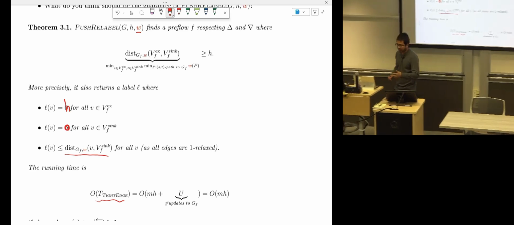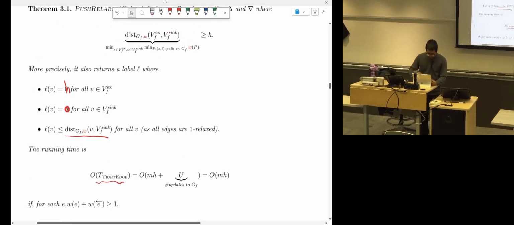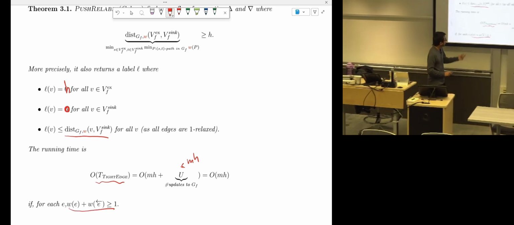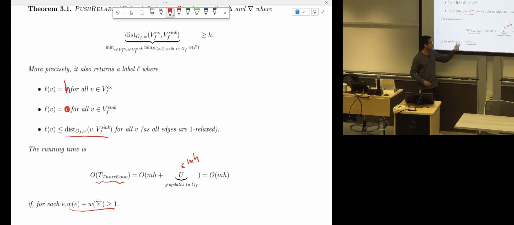The number of updates to G_f is at most mh, with some condition: that for each edge, the sum of its weight and its backward edge's weight is at least 1.